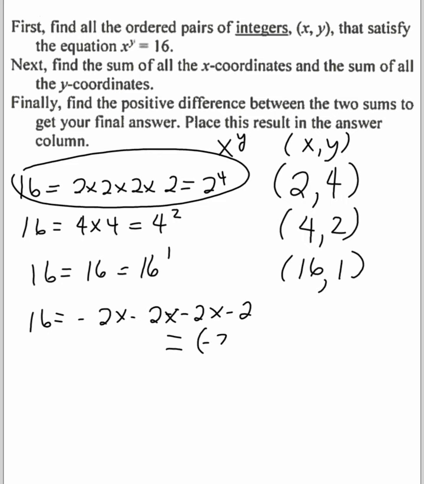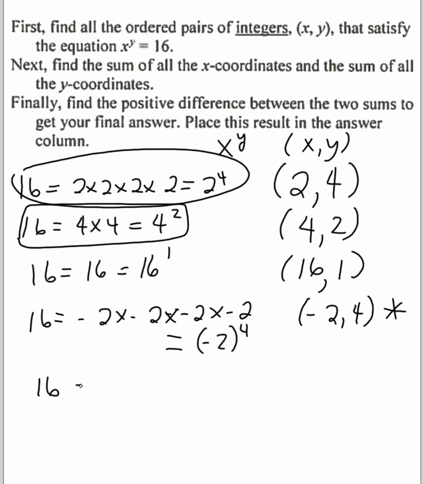That is negative 2 to the 4. So that is a little tricky one that I don't think too many of you would have thought about. Likewise, that will work for negative 4 times negative 4, or negative 4 squared. So those two are probably ones that people did not think about.